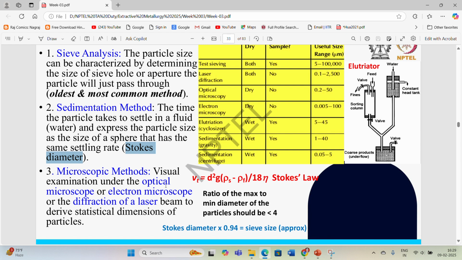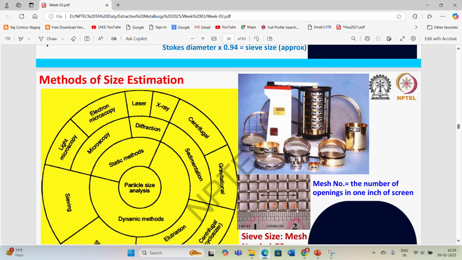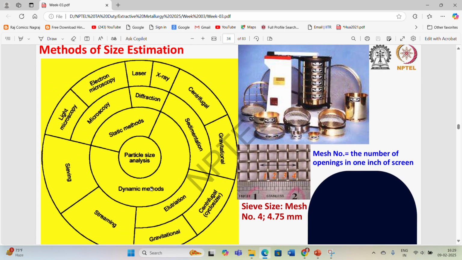Then there are microscopic methods like visual examination under the optical microscope, or we can go for electron microscopy or the diffraction of a laser beam to derive statistical dimensions of the particle. So there are different methods for size estimation, like static methods and dynamic methods.